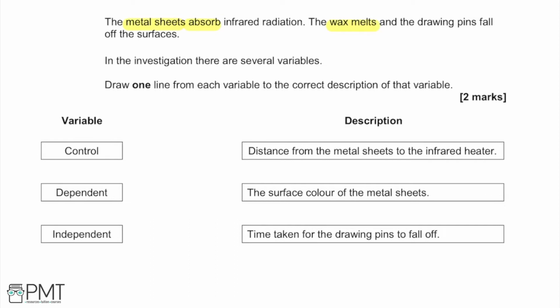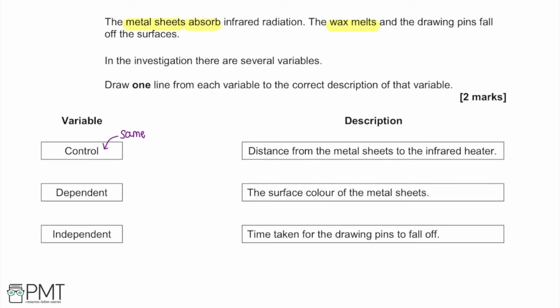So here I'm just going to start by noting down exactly what each variable means, just so we're 100% confident with what the control variable, dependent and independent variables are. So for the control variable, we're basically working with what we're going to keep the same throughout the experiment. Which one of these descriptions are we not going to change, and we're going to make sure we keep the same in order for it to be a fair test.